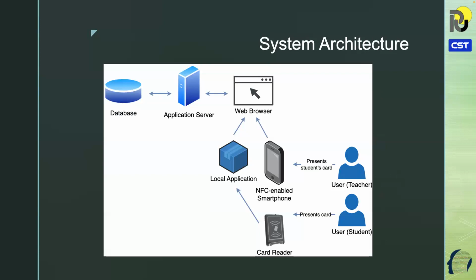So this is an overview of the system architecture. Since this is a web-based system, we have an application server and a database which serve the system. The interaction happens through a web browser placed in a special mode. We can have the kiosk mode, which uses a local application and a card reader, or we can have an NFC-enabled smartphone where special hardware is not required.